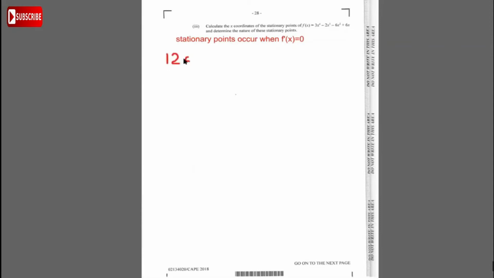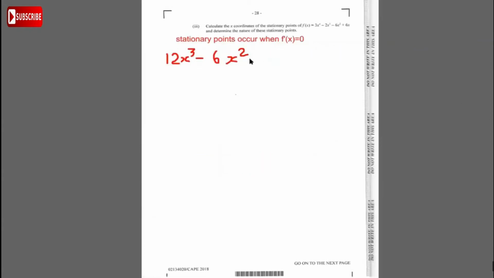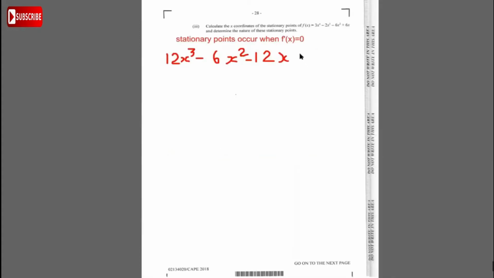12x cubed minus 6x squared minus 12x plus 6, and we're solving that equals 0.